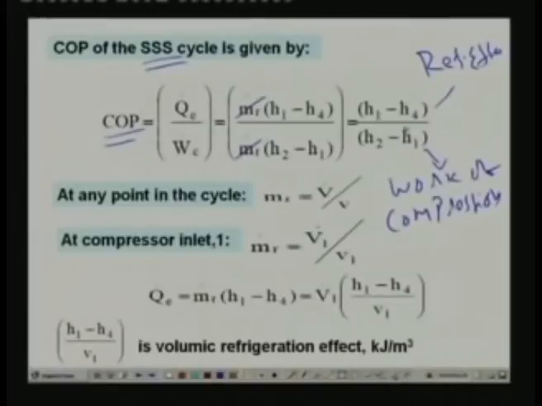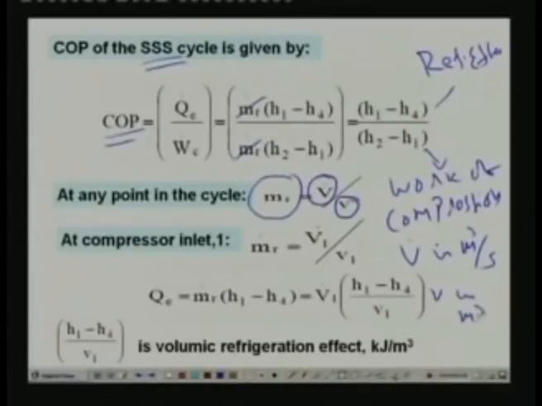And at any point in the cycle, the mass flow rate m dot R can be written in terms of volumetric flow rate V dot. V dot is volumetric flow rate in meter cube per second, and small v is the specific volume in meter cube per kg. So V dot divided by v becomes kg per second, which is nothing but the mass flow rate of the refrigerant.